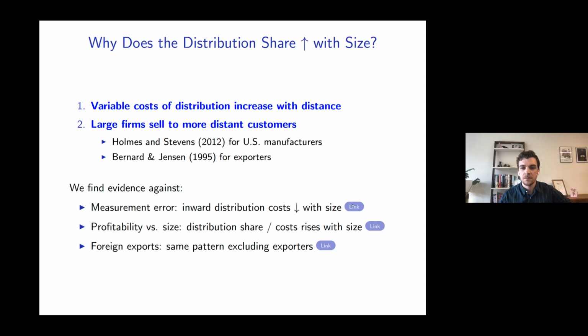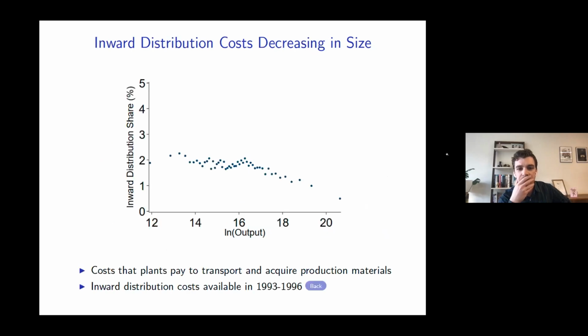Yeah, that's a good question. We can't tell this for retailers, for example; we don't observe data on that. But we do observe these inward distribution costs I just mentioned. They are decreasing with plant size, and you can see that a bit there, but the magnitude is a lot smaller than what we see for outward distribution expenses.